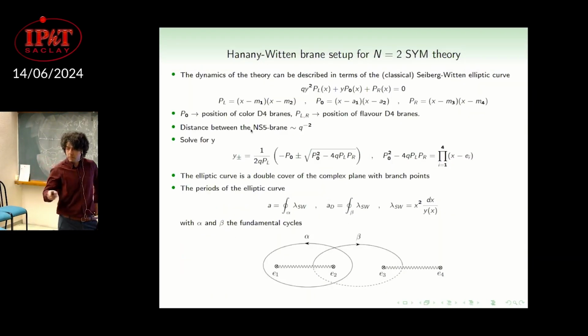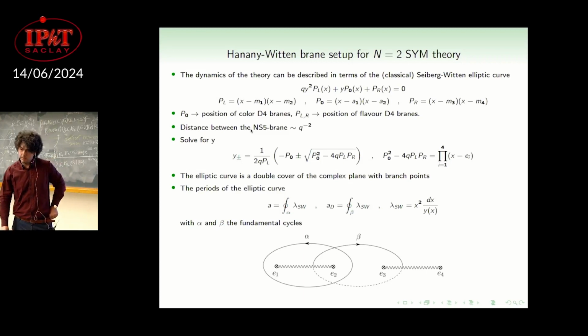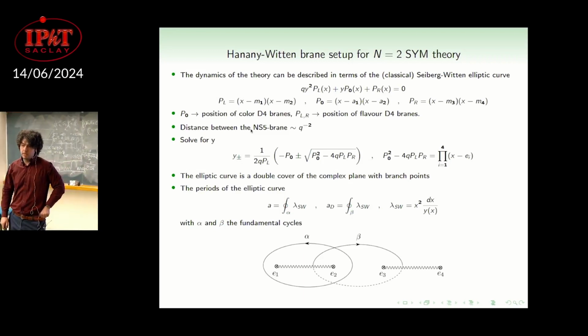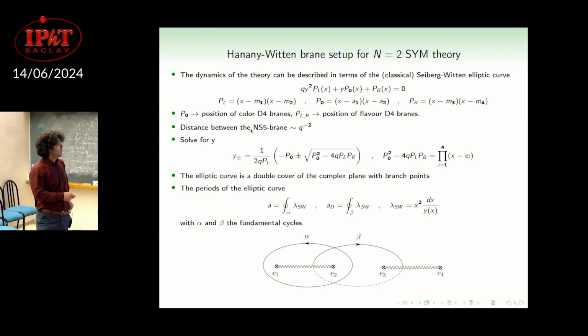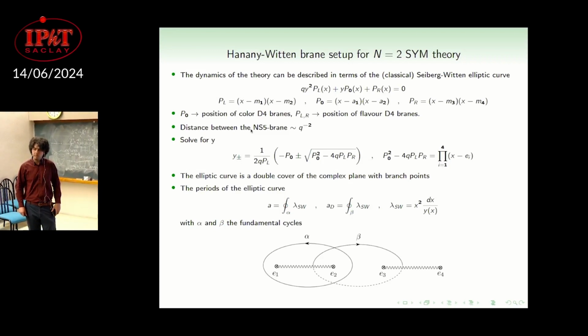So you have four roots, and then you can choose where you are putting your branch cuts. This is an equation in y and x. Actually, I don't know what the plot in 3 dimensions of this curve is.